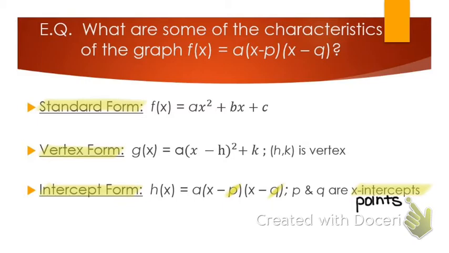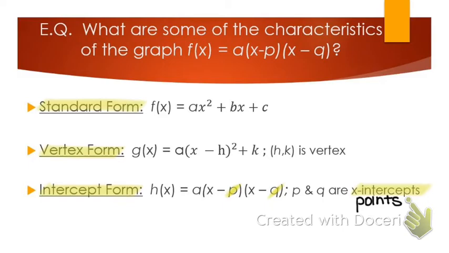Now, where do these points fall very specifically? If they are x-intercepts, they're the point where your graph does what? Okay, these are the points where your graph crosses the x-axis.